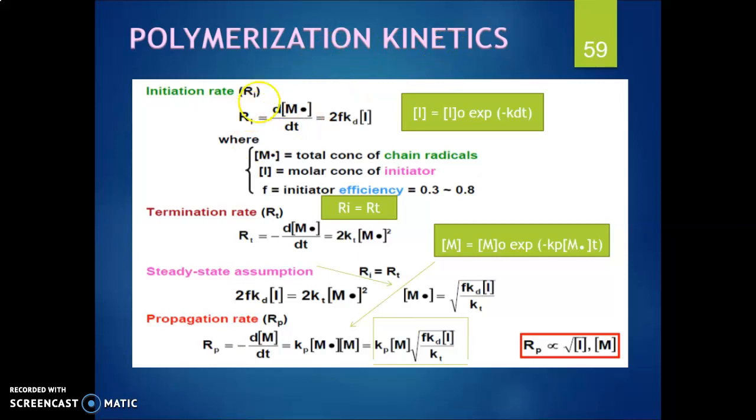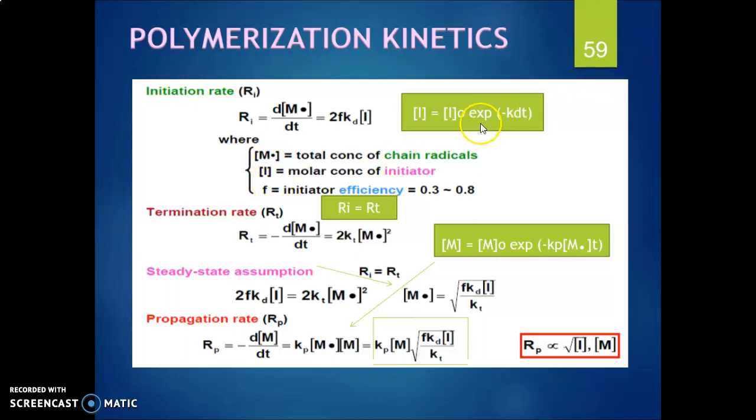Okay, F is the initiator efficiency and this is the concentration of initiator. So M naught is the total concentration of chain radicals.